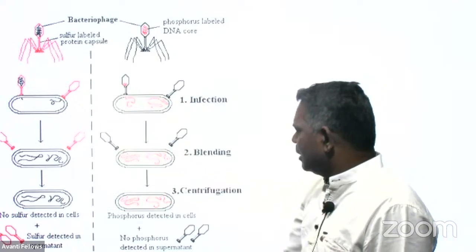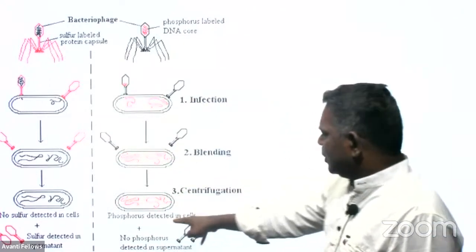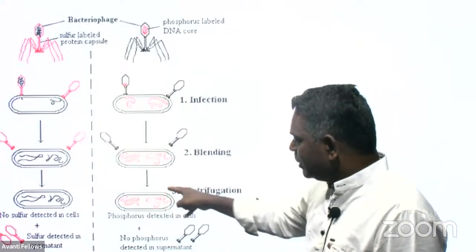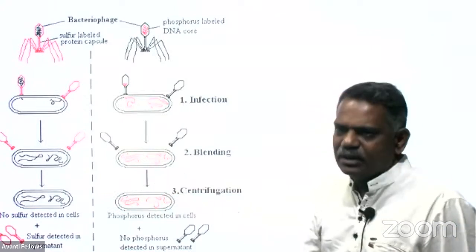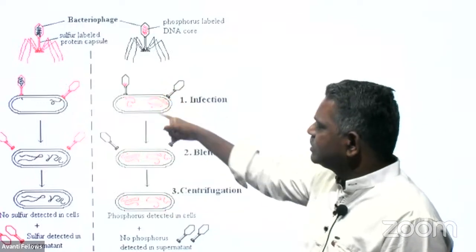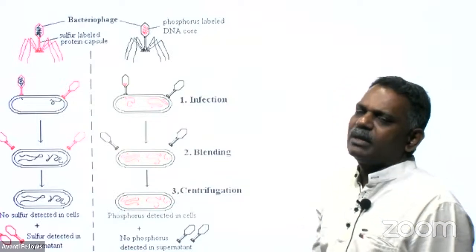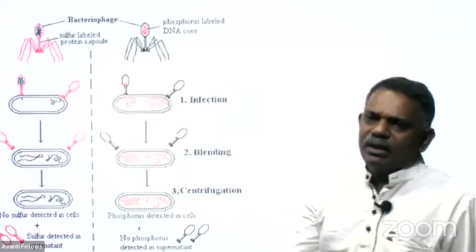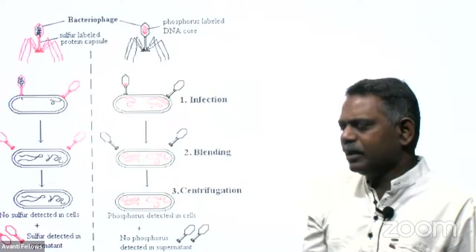And finally, after the blending and centrifugation, they got a result. This phosphorus was detected inside the cell, because the bacteriophage produced inside the bacteria contains the radioactivity in their genetic material. That means DNA only was taken inside the bacteria, not the protein. This is the experimental proof for explaining that the real genetic material is DNA, not the protein coat, right?